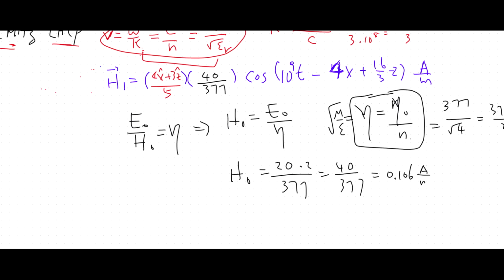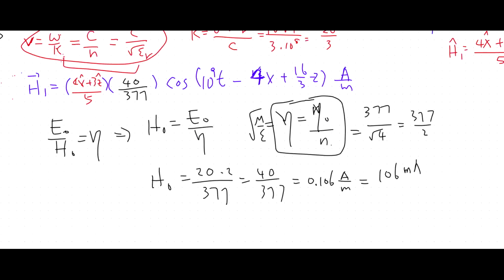But a lot of times I write it as milliamp per meter. It's very common we use, like when was the last time you used amp in your circuit? Hardly, right? Always milliamp, right? But I just want to point this out and warn you, these two amp are not the same amp, so don't cancel it.